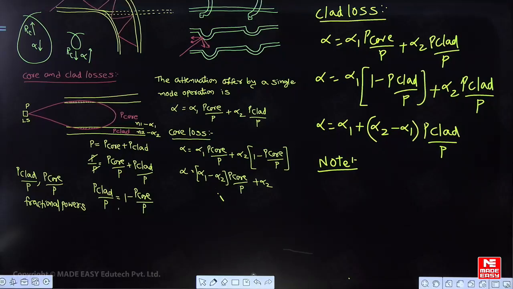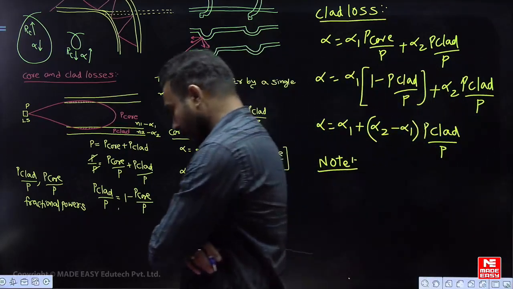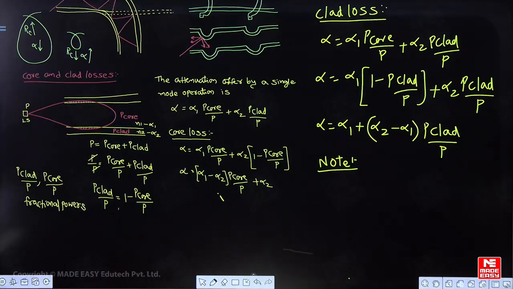Note, first point: the core and clad differ in composition, so the refractive indices are N1 and N2 respectively.